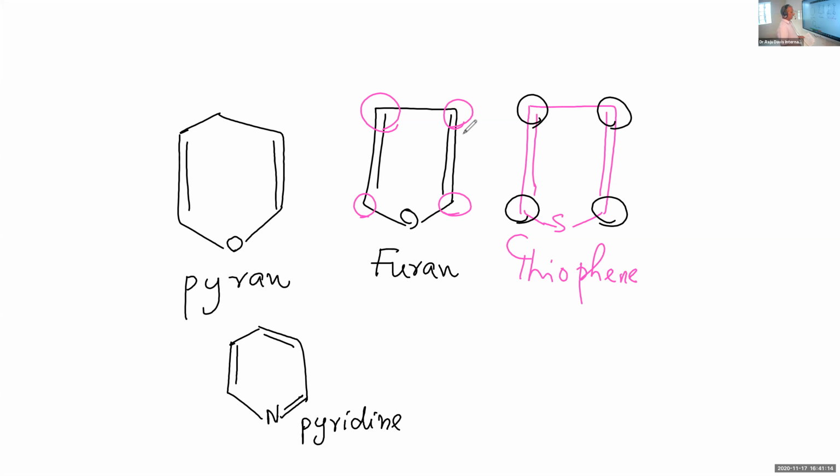But if there are only carbon atoms in the ring, it is a homocyclic or carbocyclic compound. And I have taken one more, that is aromatic compounds.